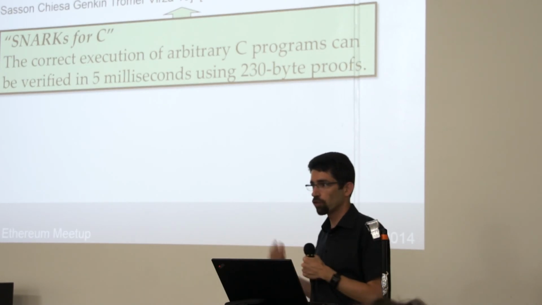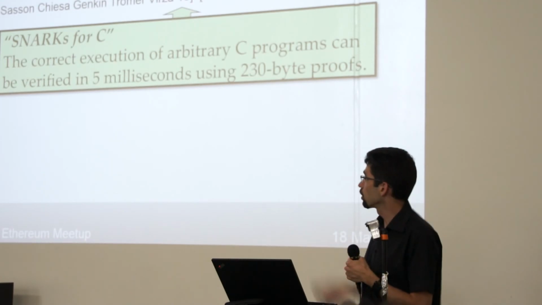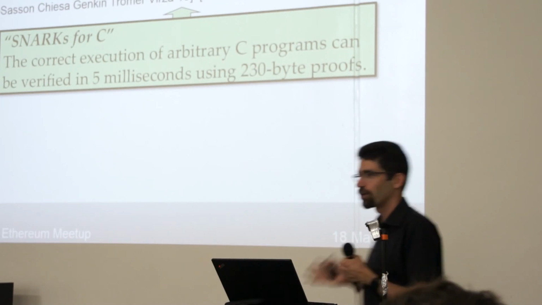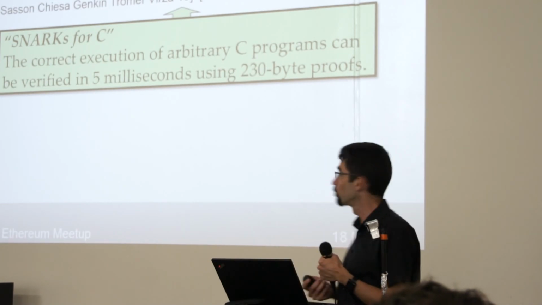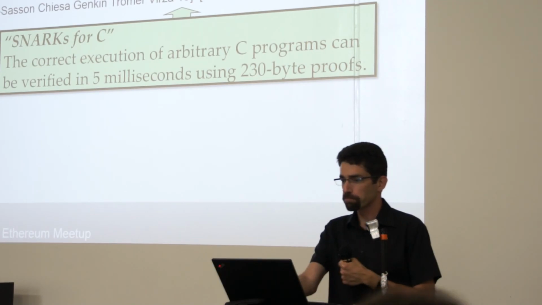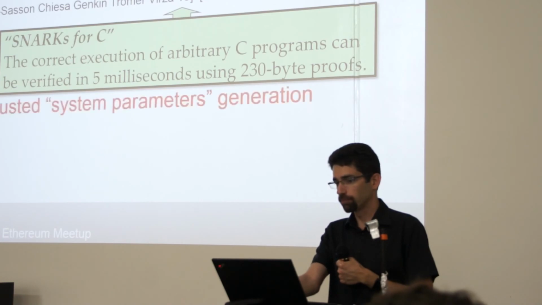The proof is less than 300 bytes long. It takes a few milliseconds to verify, and verification was demonstrated on a cell phone in a live demo on stage at Crypto 13. So it really works. Those are the systems that we build on here.